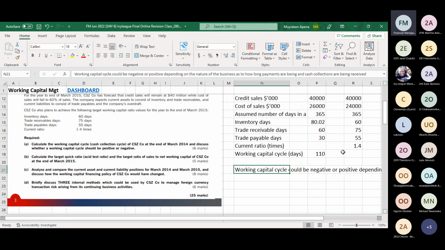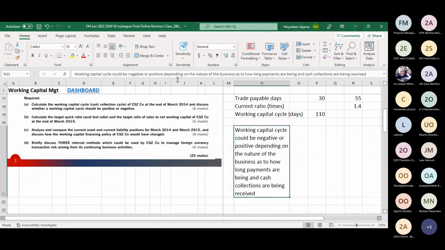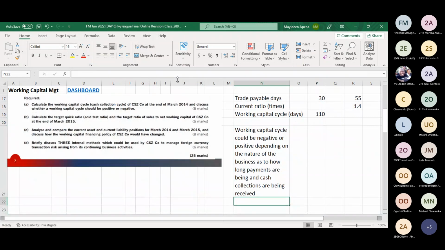Okay. So what else can you say here? So give an example. Don't stop at this point. Think about the nature of the business. So categorize into two buckets. So let's take manufacturing. What do you think will happen?